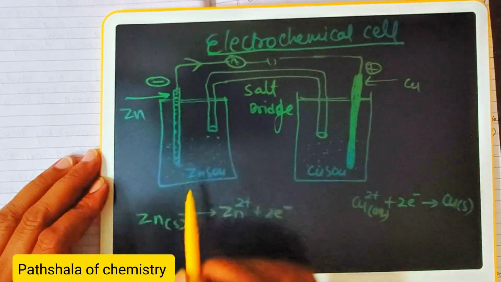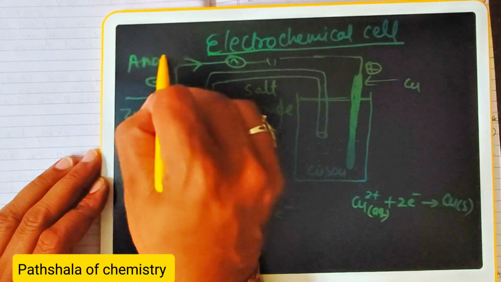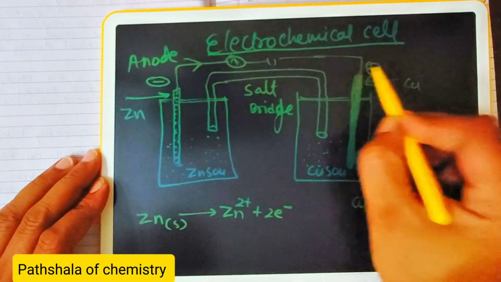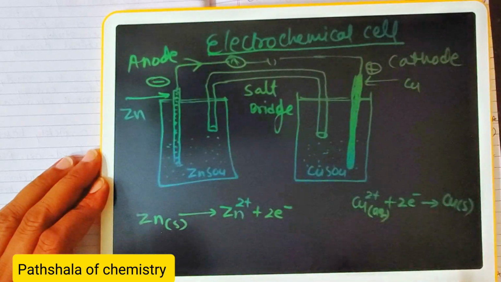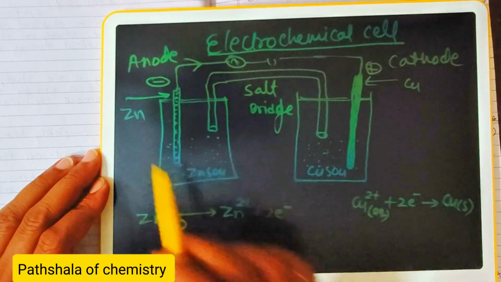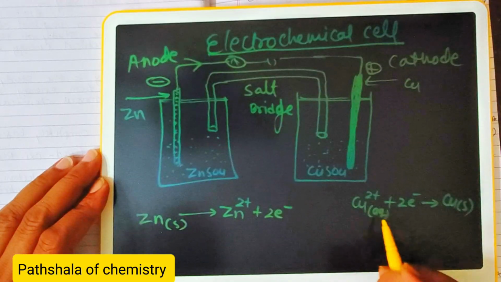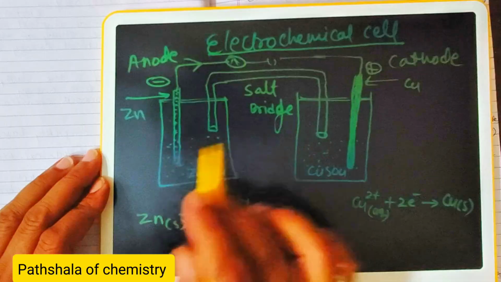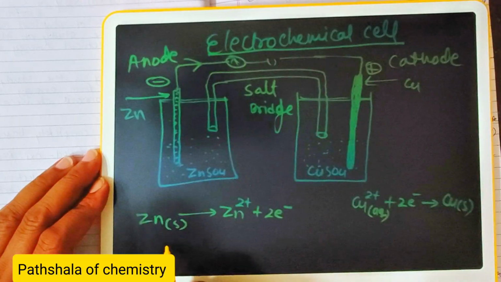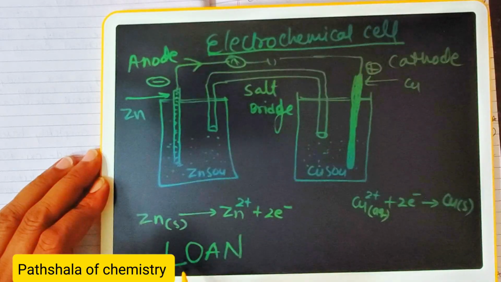This electrode where the loss of electrons takes place is called the anode, and the other electrode is called the cathode, where electrons are coming towards this electrode. So anode is where oxidation takes place, cathode is where reduction takes place, because copper is gaining two electrons continuously. You can remember this cell by memorizing LOAN.